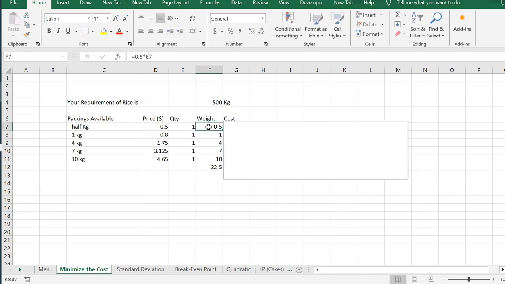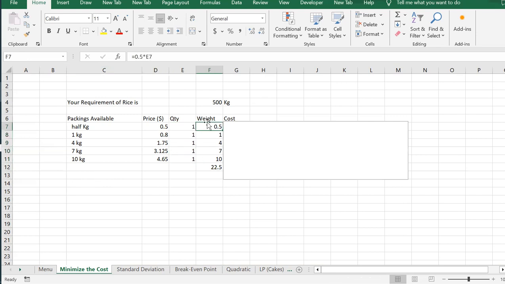The next is, when you have the price and quantity, then you need the row-wise weightage, right? The weight is the half kg times the quantity. If it is 1 kg and you have one quantity, then it's 1 kg, right? Similarly, it's 4 kg. As soon as you change the quantities, this will of course not remain the same; rather, it will be multiplied, for example by 8.